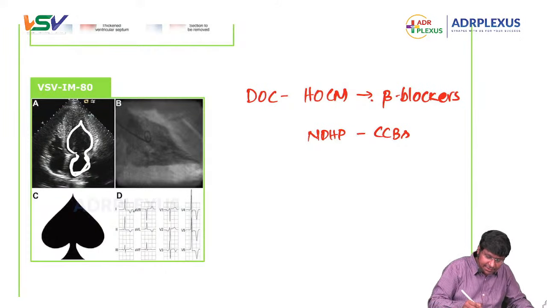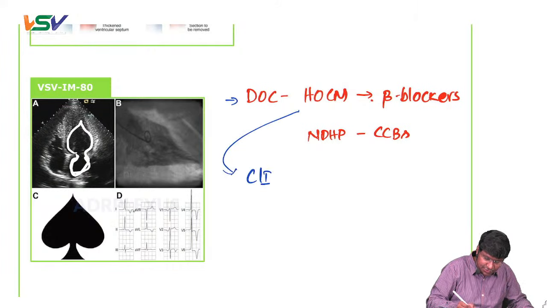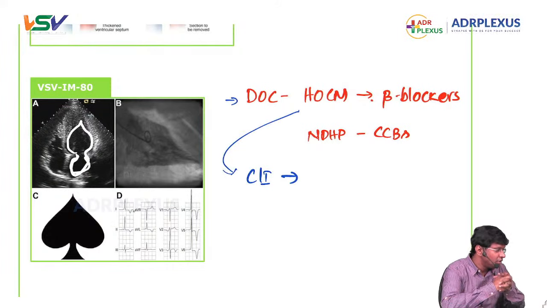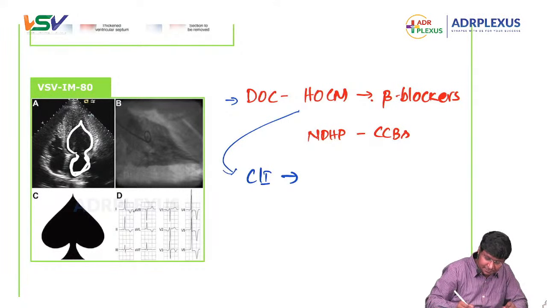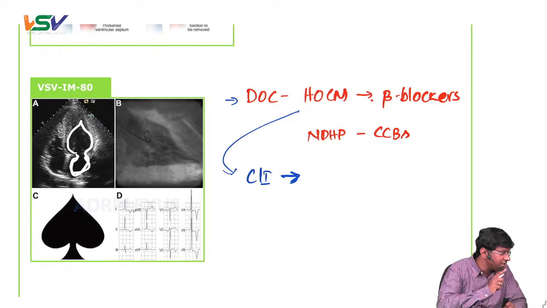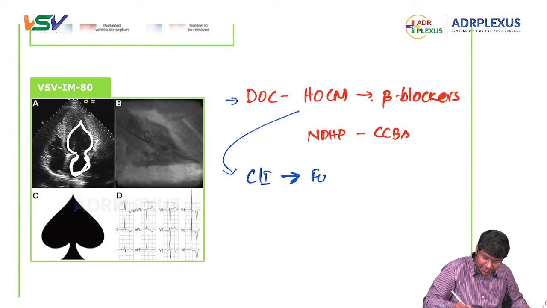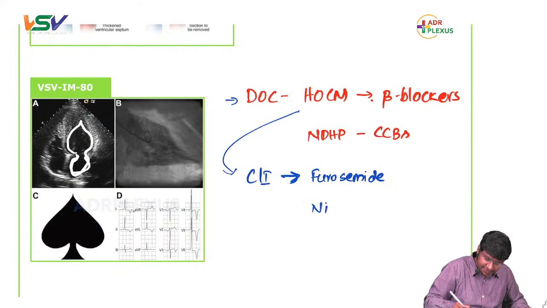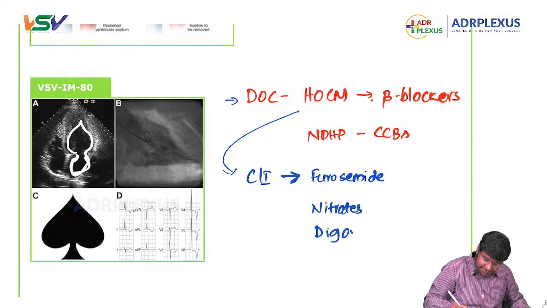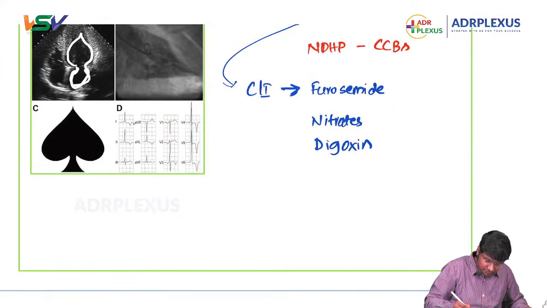And the next important question is, what are the drugs contraindicated in HOCM? Drugs which are contraindicated in HOCM, anyone? Very good. So furosemide is contraindicated, then nitrates are contraindicated, then digoxin is contraindicated, right? And the next important drug class which is contraindicated is sympathomimetic amines.